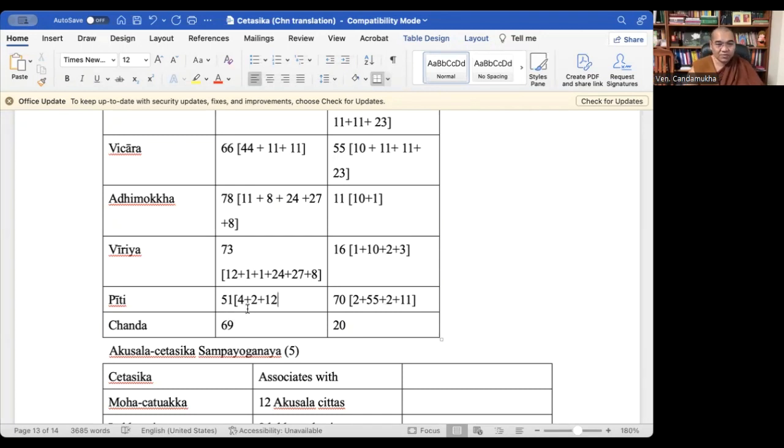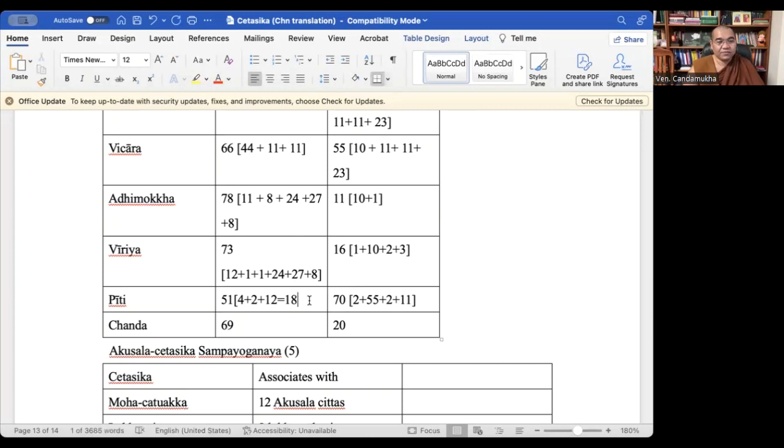Altogether you can count 18. So these 18 are called Kama Somanasa 18, the 18 somanasa citta that belong to kamavacara, the sensual sphere.